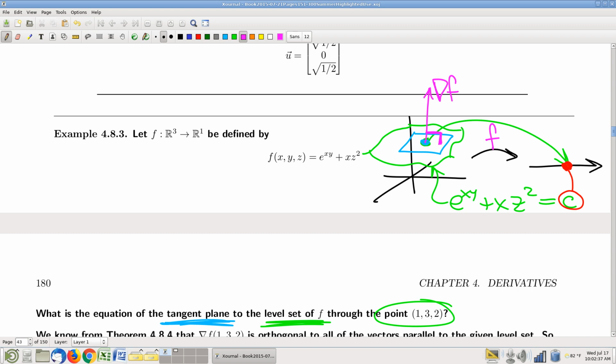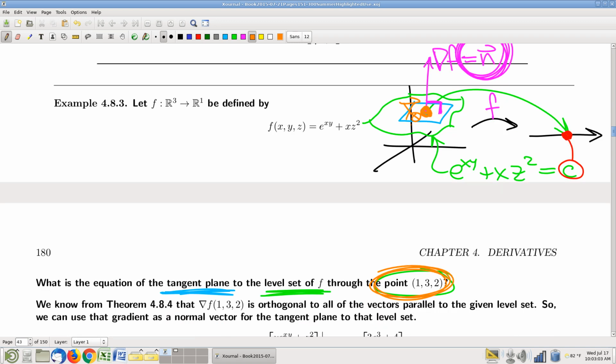And if it's perpendicular to the tangent plane, then I can use it as my normal vector. Now I've got a normal vector for the plane. I was given a point in the plane, and that'll be my x naught. I now have n and x naught, and I can just write down the equation of the plane.